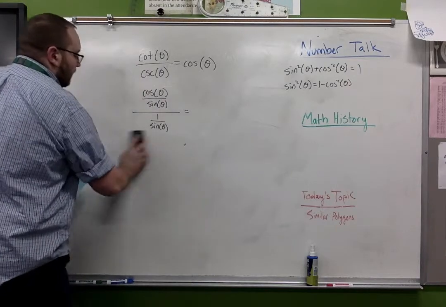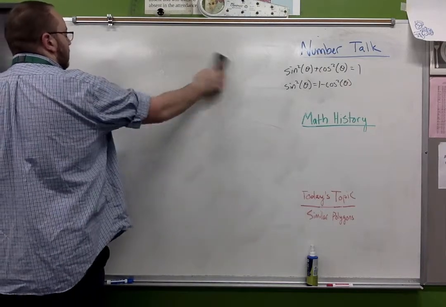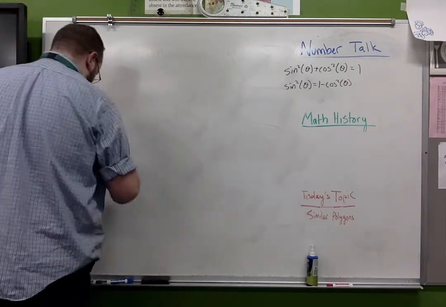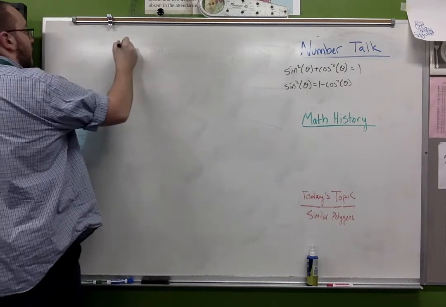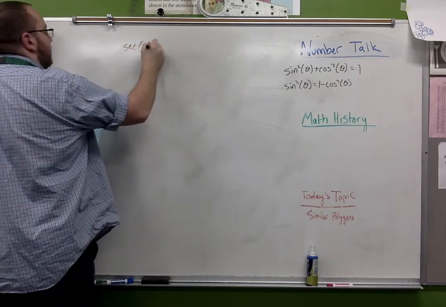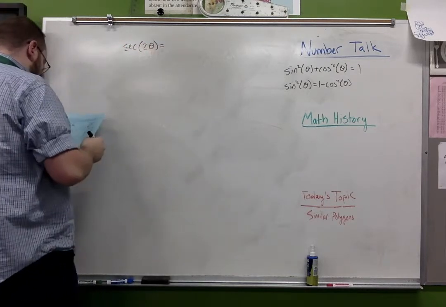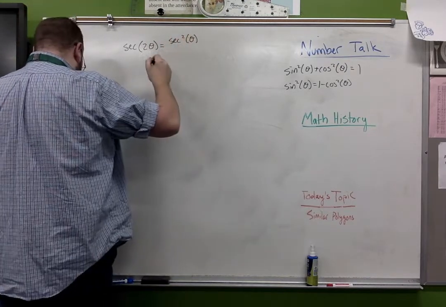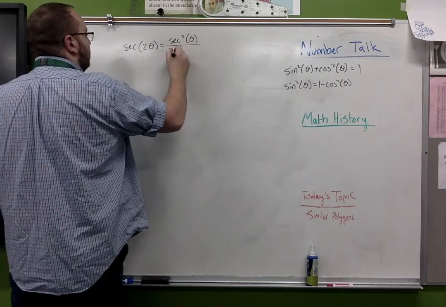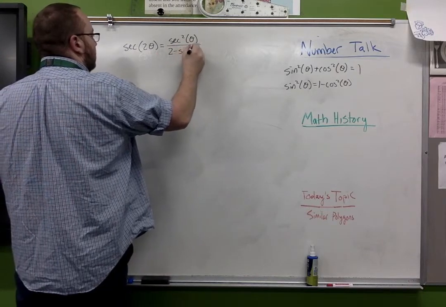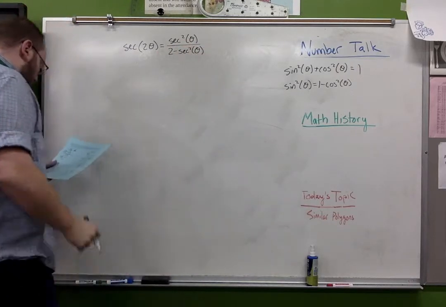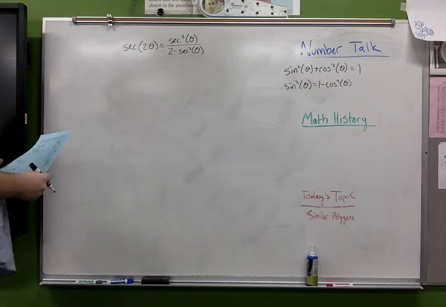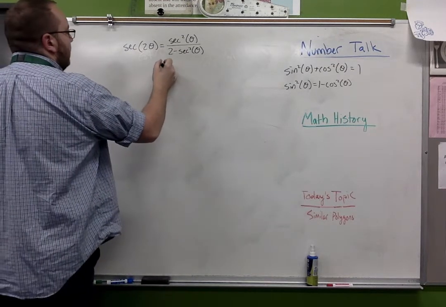Okay, now we got a couple of double angle ones. Secant 2 theta is equal to secant squared of theta over 2 minus secant squared of theta. Okay? Let's see.